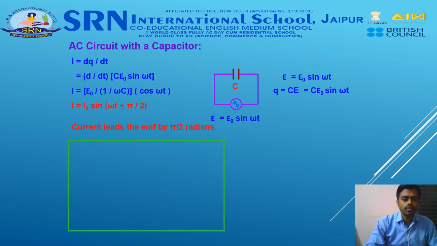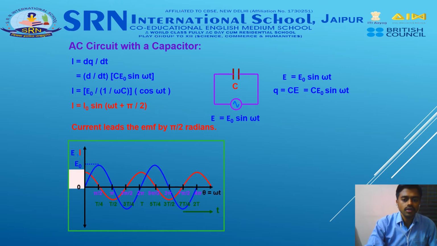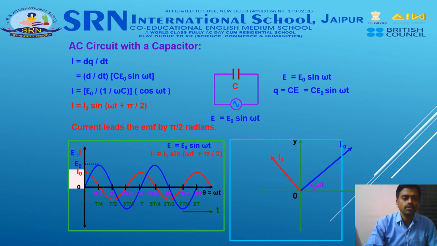Next type of circuit is AC circuit with a capacitor only. This diagram represents a capacitor connected to a circuit in which an AC power source is there. Again we will do the same thing, that is the comparison of EMF and current. EMF is E is equal to E naught sin omega t.